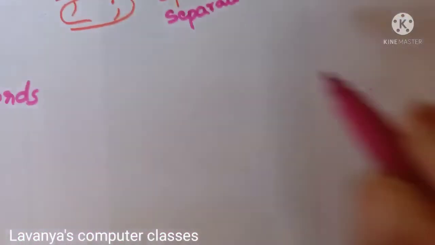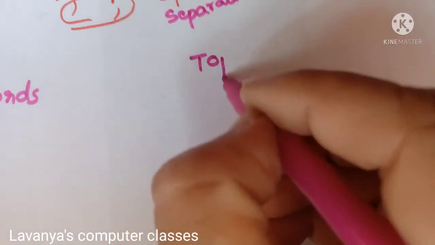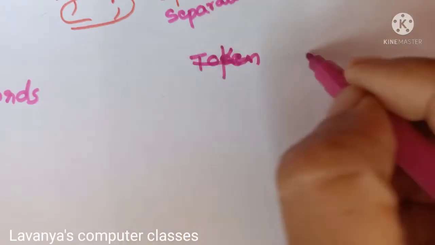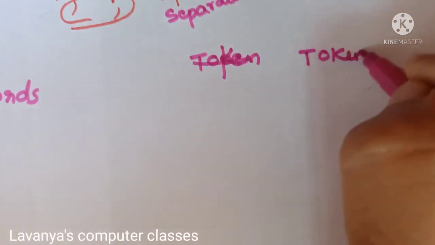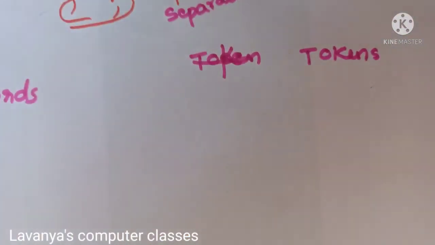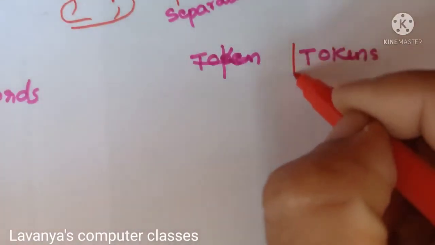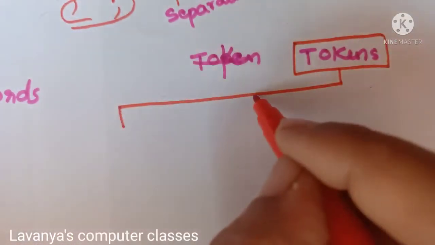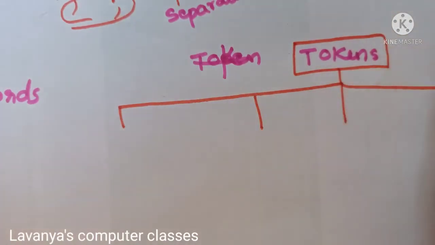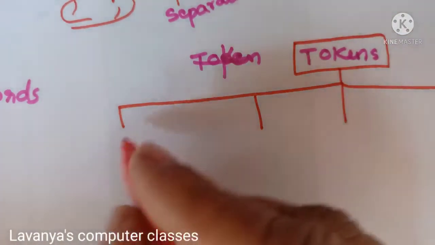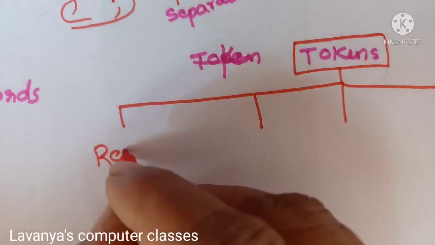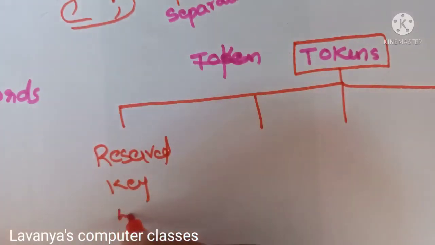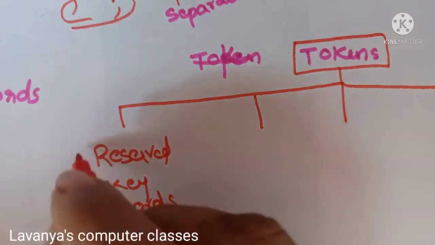Everything is explained in the form of a diagrammatic representation. Tokens are divided into 5 categories. First one is reserved words or keywords.